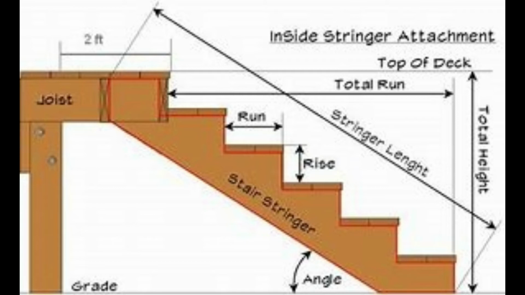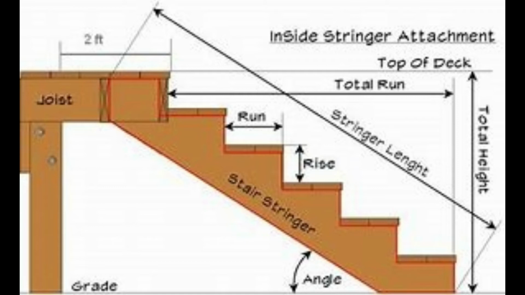Since we are building a residential home, we will use the unit run as 10 inches. So that's just a constant, 10 inches. Now let's go ahead and calculate the total run. It is found by the number of treads multiplied by the unit run.